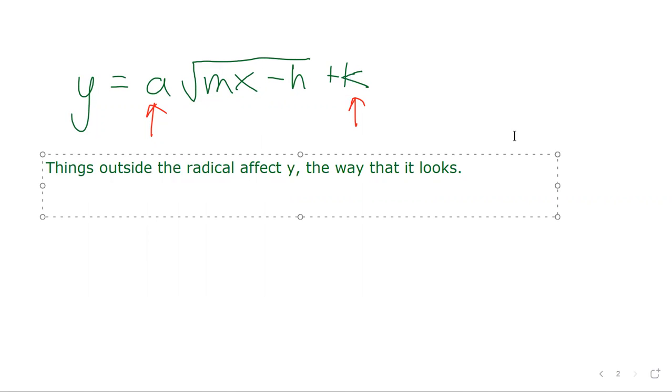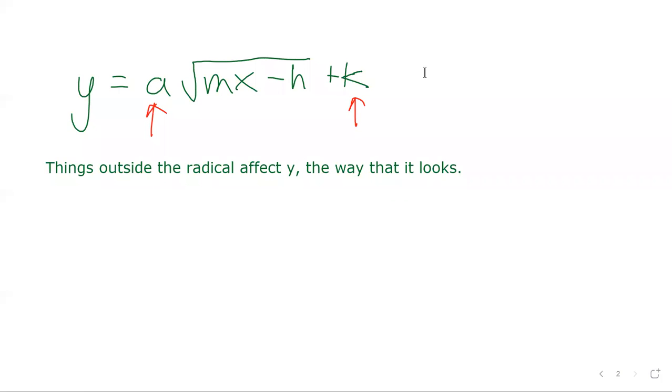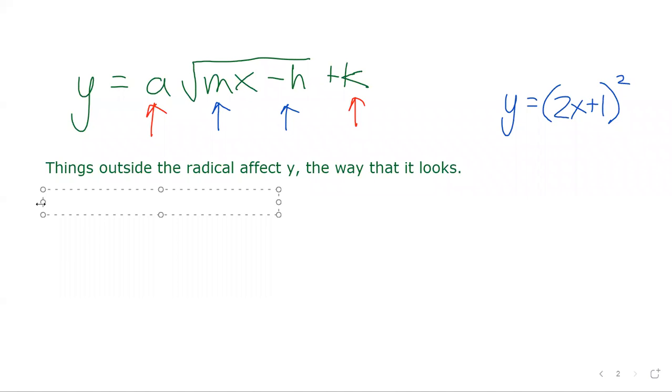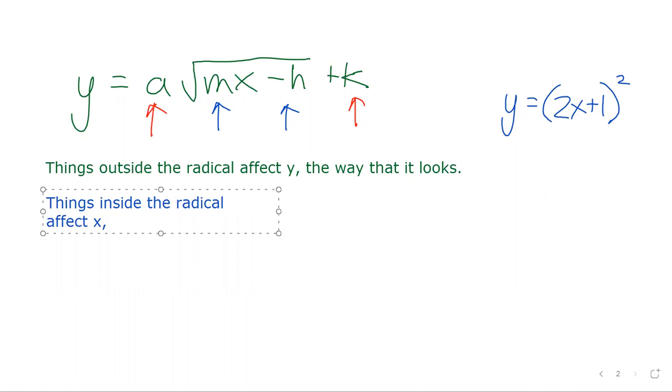Conversely, and I'll point to these to be really specific, things inside the radical, or if we were inside something being squared, inside the operation. But to be consistent, I'll just write inside the radical here. So things inside the radical affect x, opposite of how it looks.